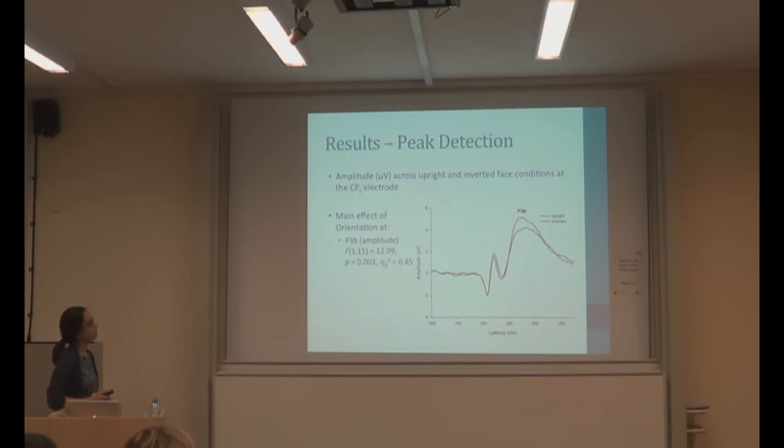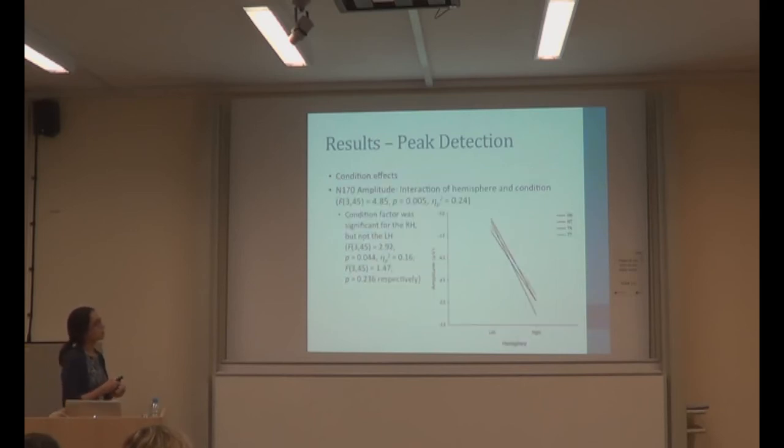I did a similar thing for the P3B. This time I've chosen the CPz electrode, which is in the central parietal area, as an example of an ERP. There were main effects of orientation for amplitude here as well, with inverted faces eliciting a larger amplitude.